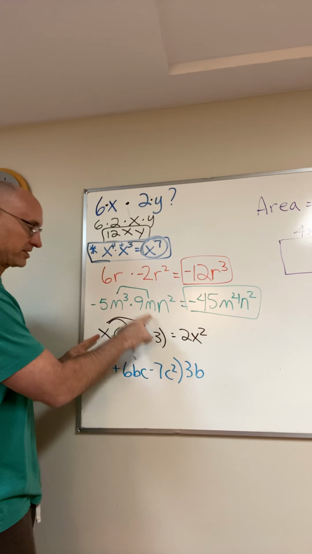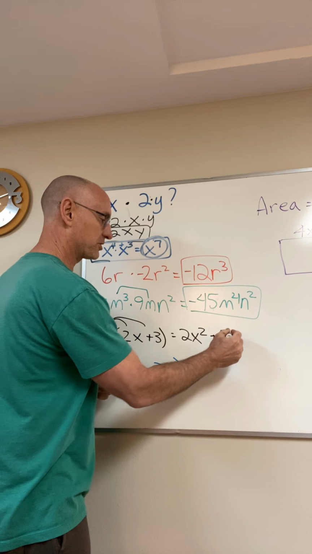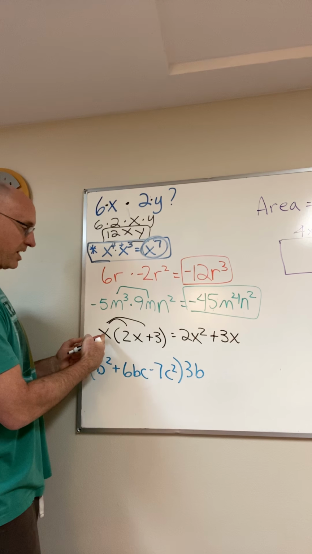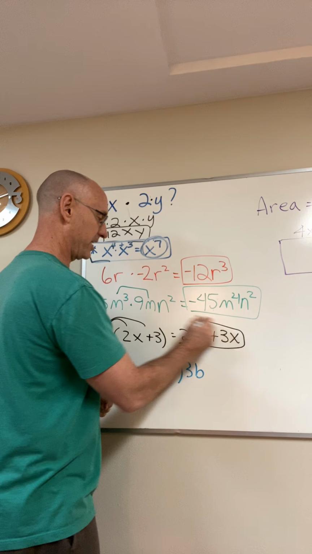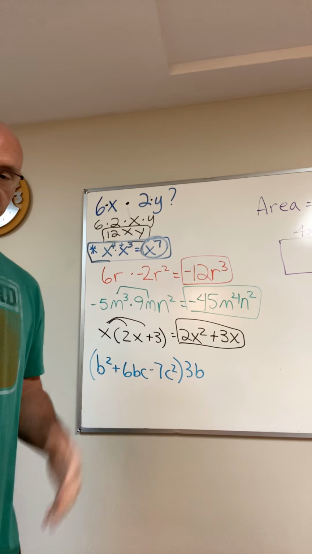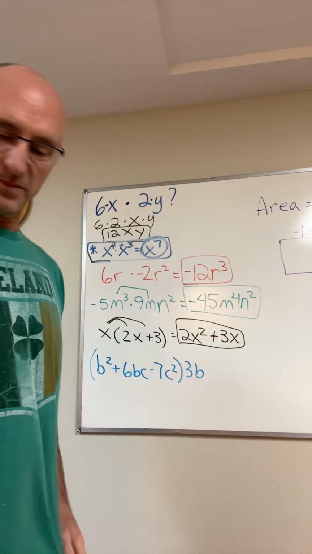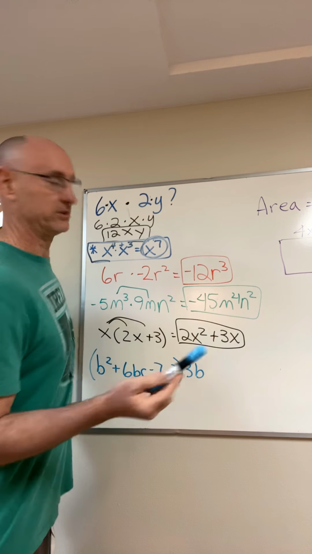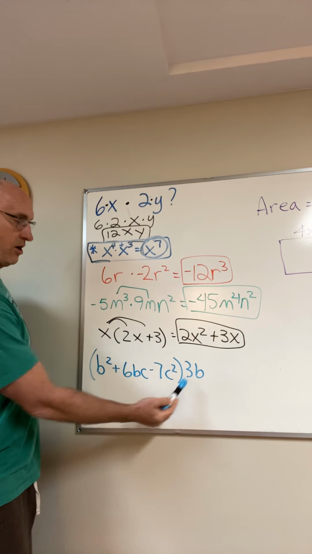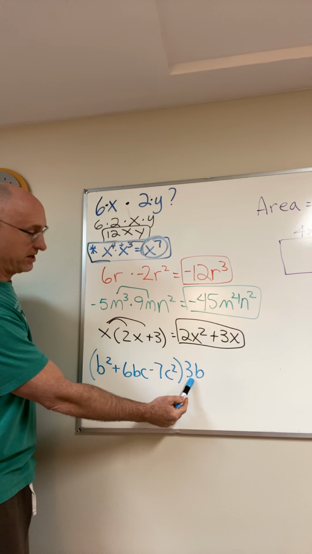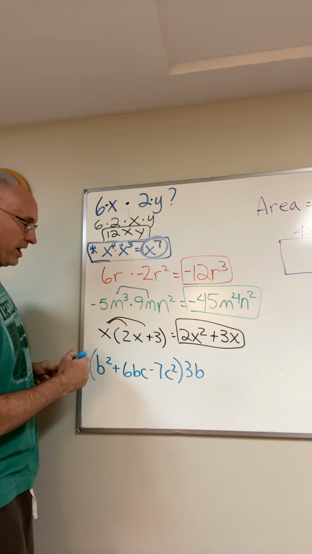Then you got to go x times 3, and that's just 3x. So when you multiply a number and a letter, just put them together. Don't forget. Okay, then we can distribute from either side. It doesn't matter. Okay? See, we had the x out front here. Okay, well, we could have the number in the back and just distribute back this way.